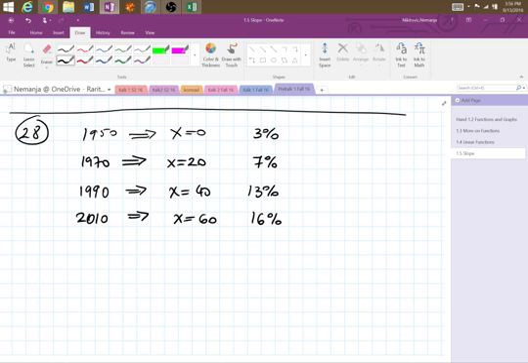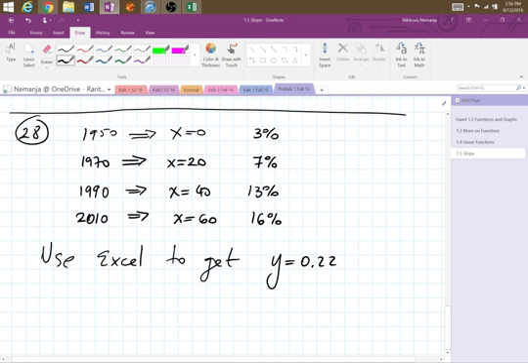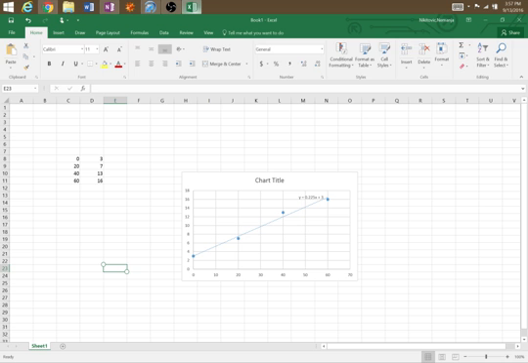So I'll just say use Excel to get, and our model was y equals 0.225x plus 3.